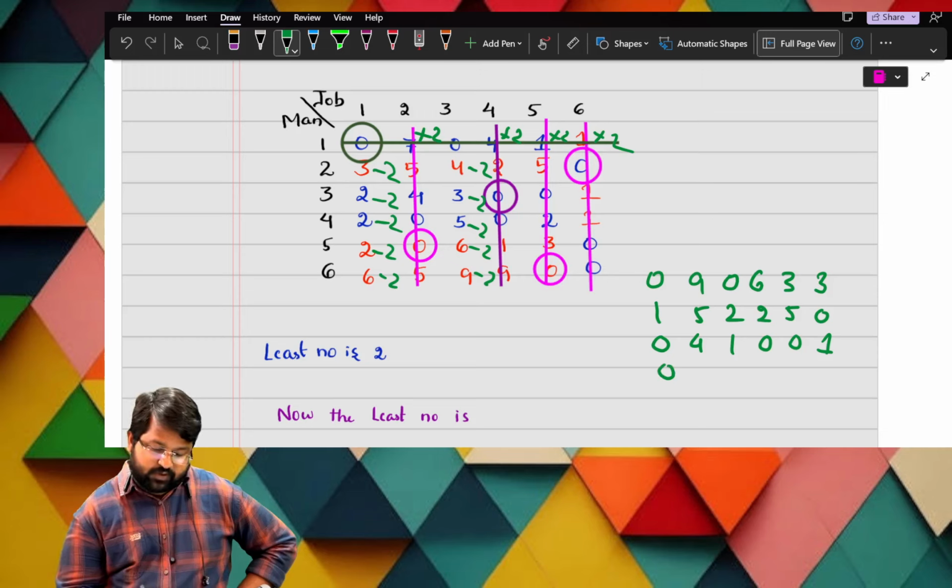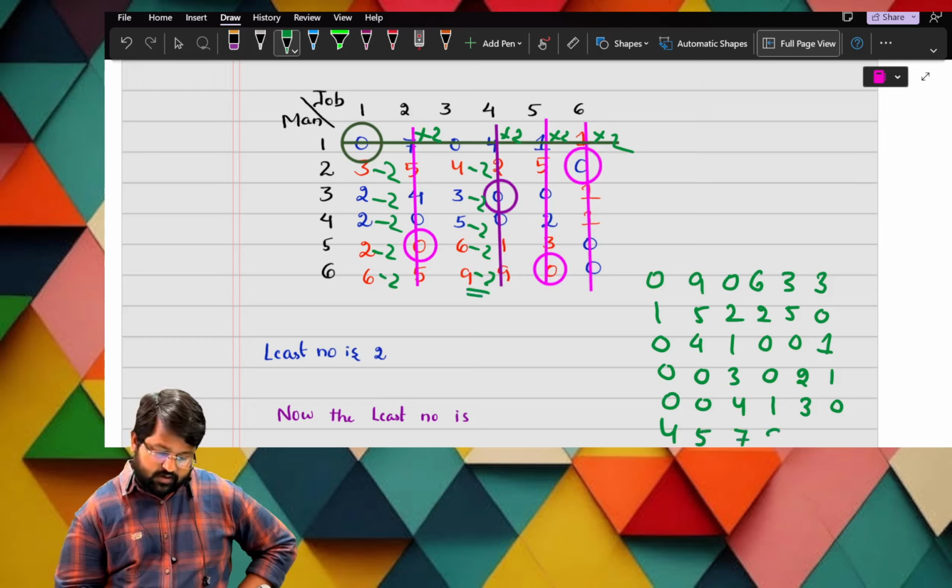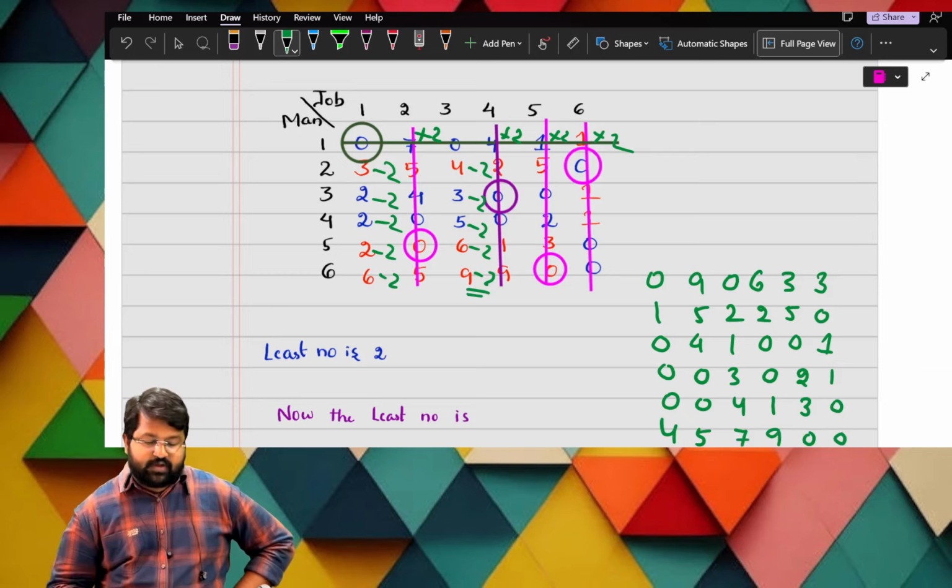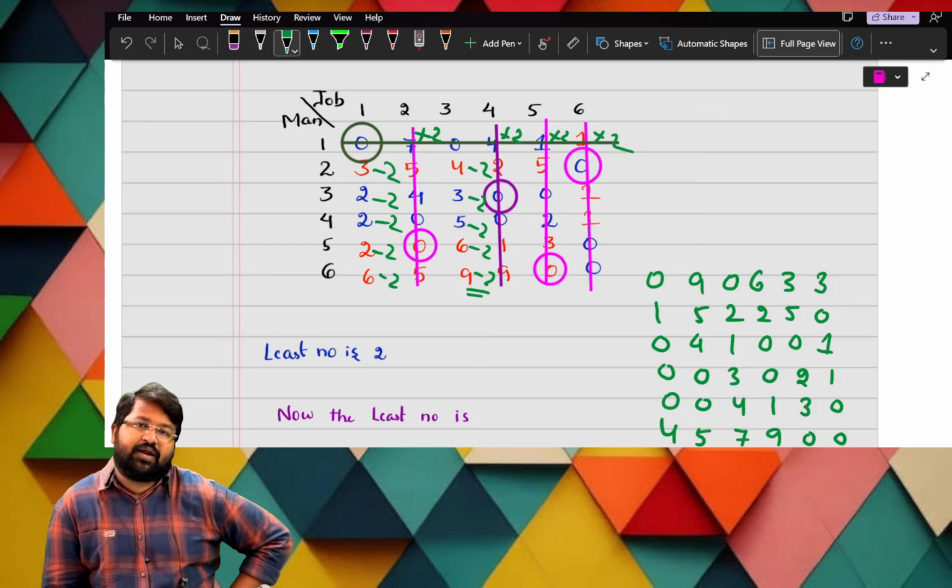Next one 0, 0, 3, 0, 2, 1. Next one 0, 0, 4, 1, 3, 0. Next one 4, 5, 9 minus 2, much more, 7, 9, 0, 0. This is the end result after improvement.